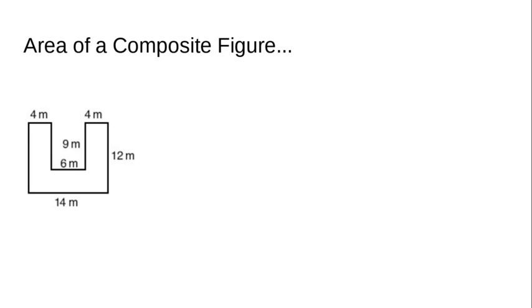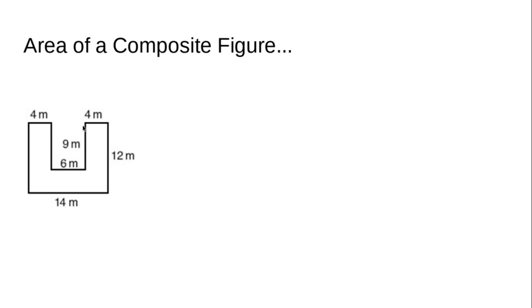Now, another option that you have, instead of dividing it into multiple common lengths or rectangles and things, you can subtract instead. And that's what I want to show you on this example. So let's assume that we had this 14 meters and 12 meters here, and then this just went straight across, that all of it was there, that we didn't have this little cup cut out of the bottom right here.